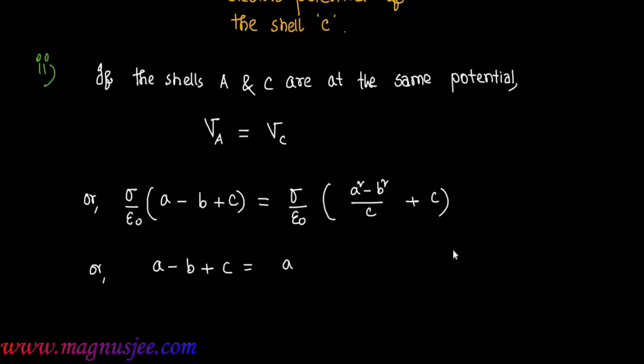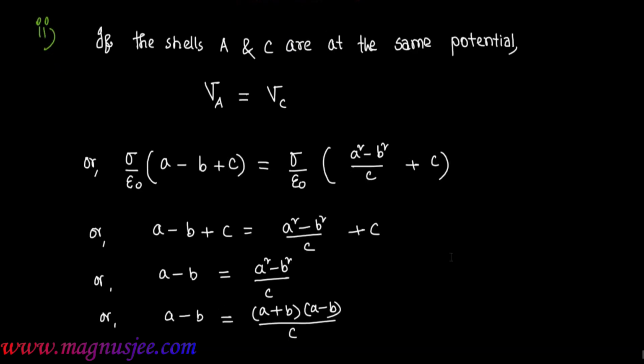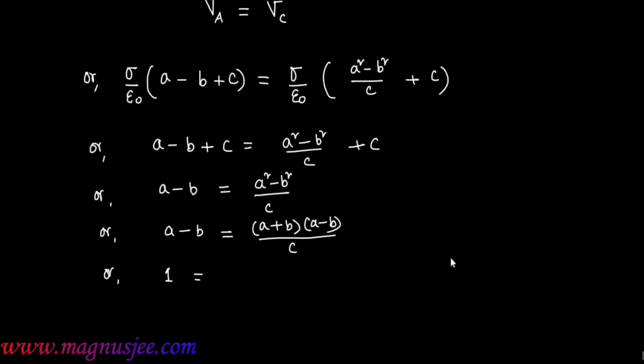So a minus b plus c equals a square minus b square divided by C plus c, or a minus b equals a square minus b square divided by C, or a minus b equals a plus b into a minus b, whole divided by C, not C square. Or 1 equals a plus b divided by C. Therefore C equals a plus b.